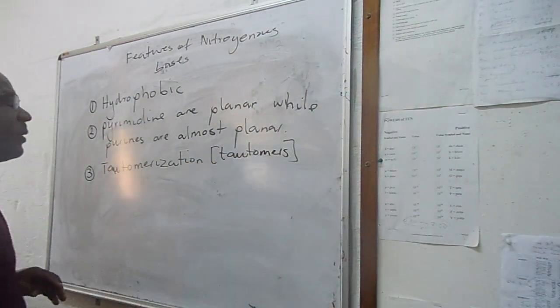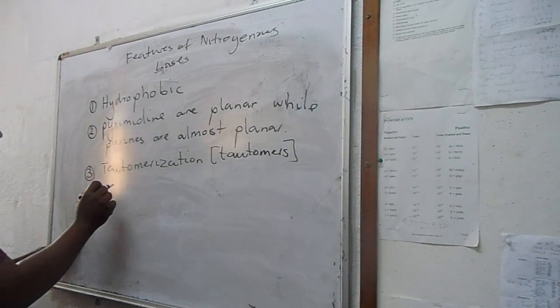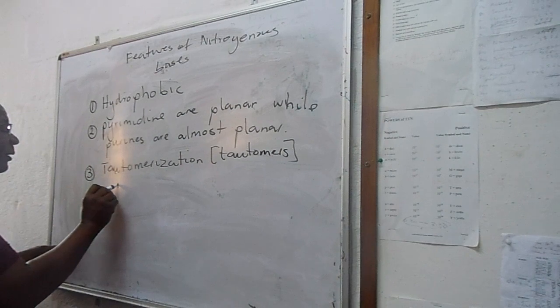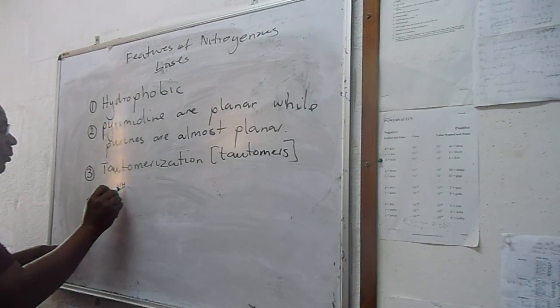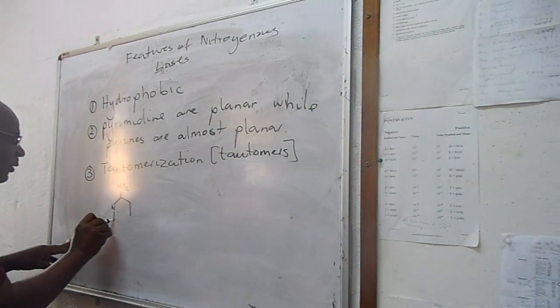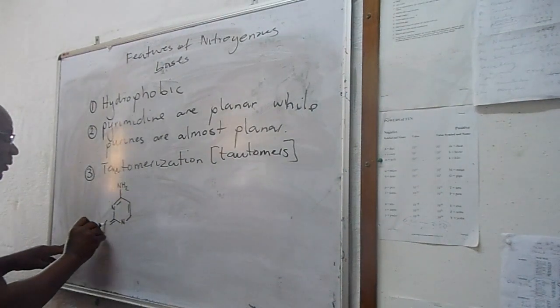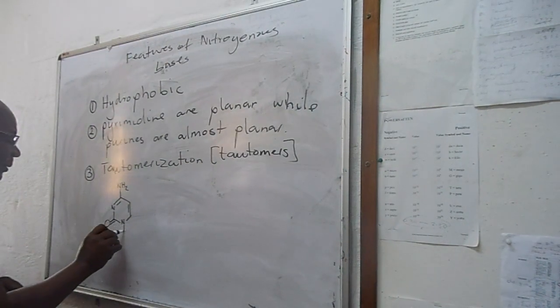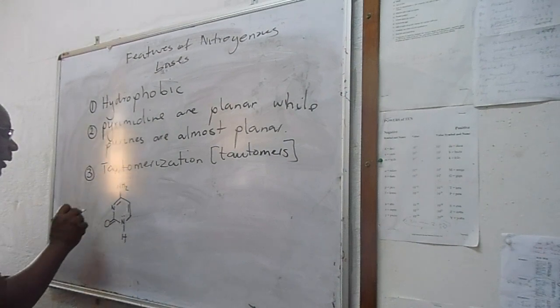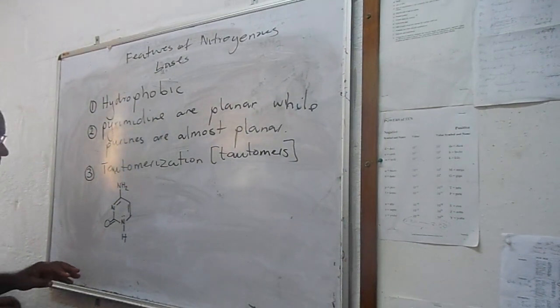The organic chemists must have done a good job on the formation of tautomers. For instance, let's look at cytosine. This is our cytosine.